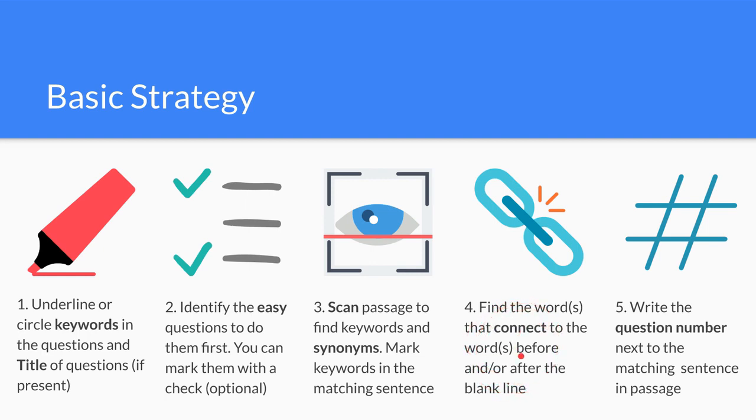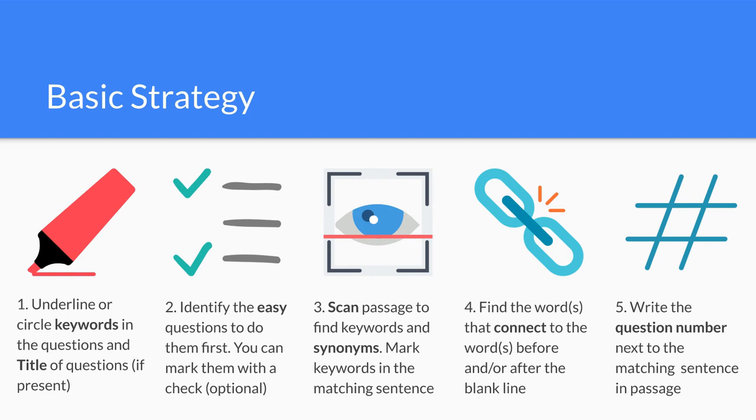In this case, when we're talking about the table question, which is very much like a fill-in-the-blank question, the connecting words are words that go before the blank line and words that come after the blank line. These are what we call connecting words, and by paying attention to them, you can figure out whether the answer that you have chosen fits into the sentence.